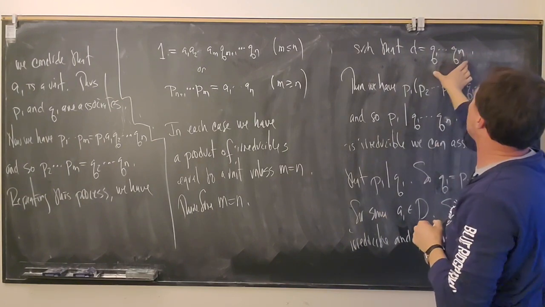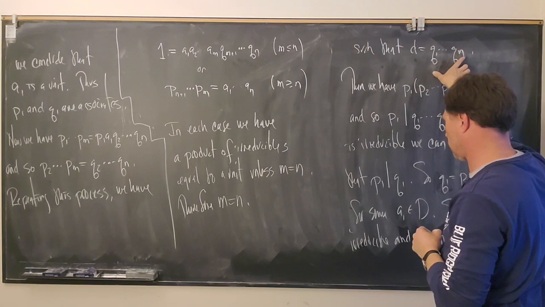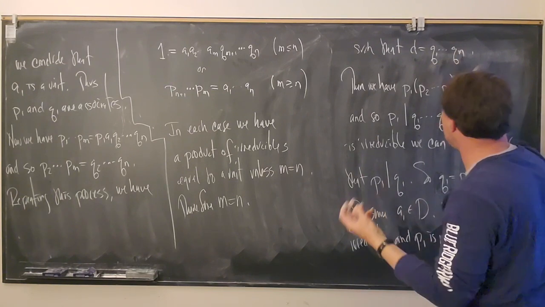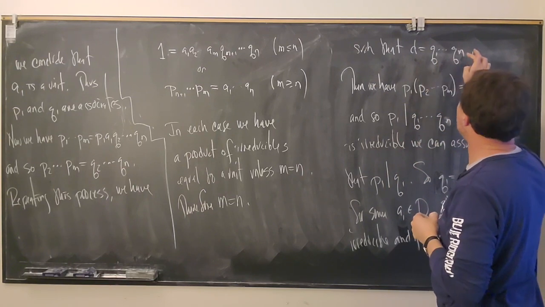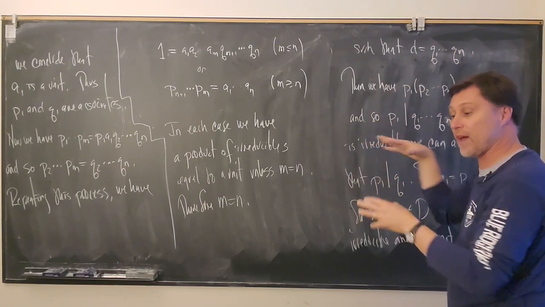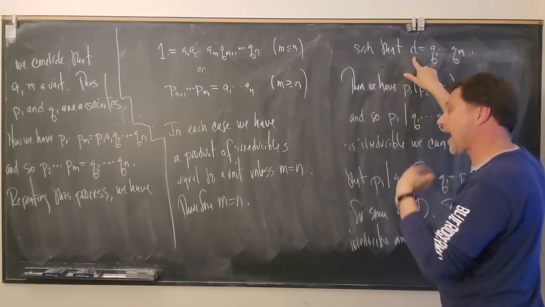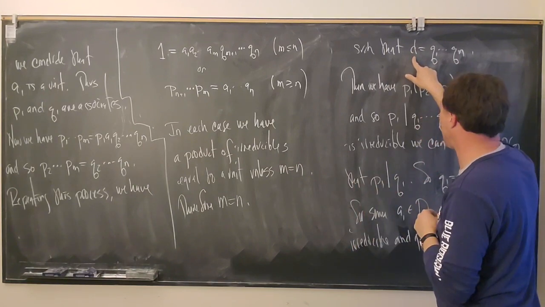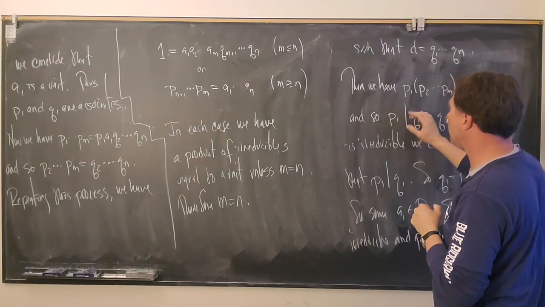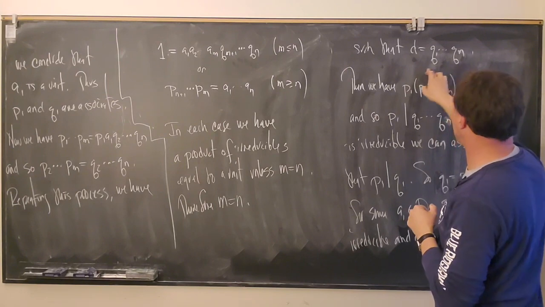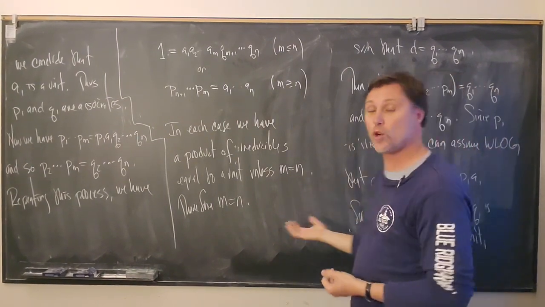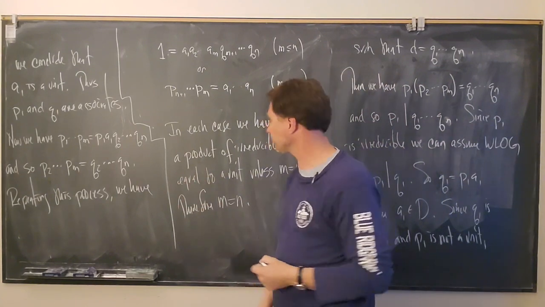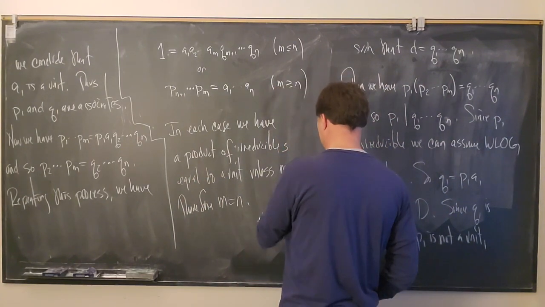So anytime you have two supposedly different expressions, the number of irreducibles in any factorization of our element D has to be the same, so M has to equal N, and one by one, the elements in one of the factorizations have to be associates of the elements in the other. Okay.